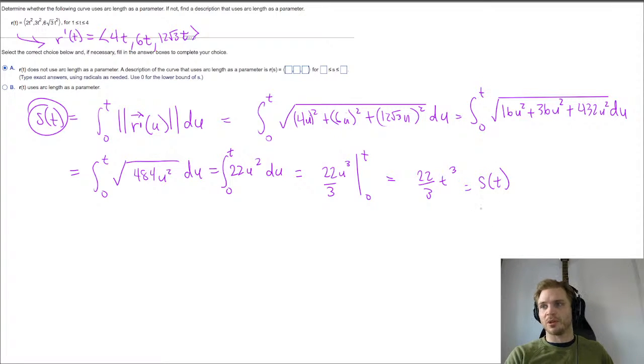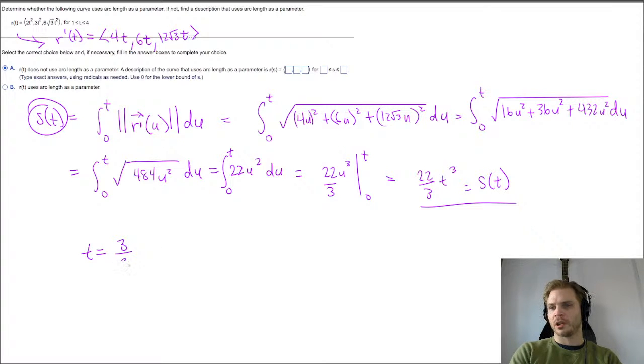Okay, so now we want to make t a function of s, which I think we can actually do here because it's t cubed. So basically I'm going to solve this for t. So t will equal 3 over 22 s to the 1/3. Just take the cube root of both sides. And then we plug that back into r.